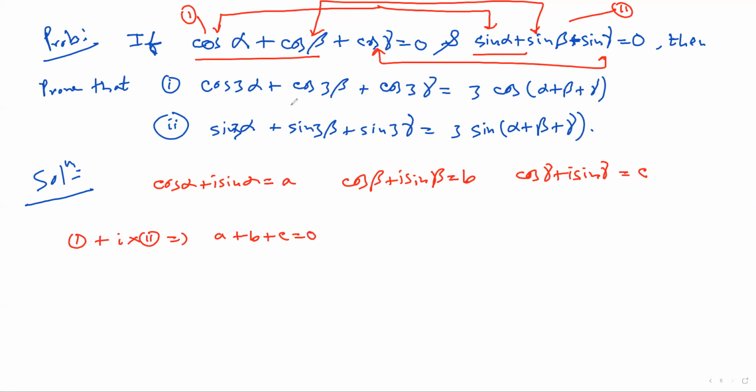Now, the reason we did not involve complex numbers at first is just because we have cos alpha and sine alpha, etc. But the original given information involves the angles alpha, beta, gamma, while the equations we need to prove involve thrice of the angles, right?